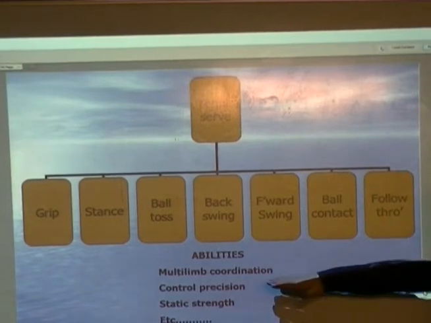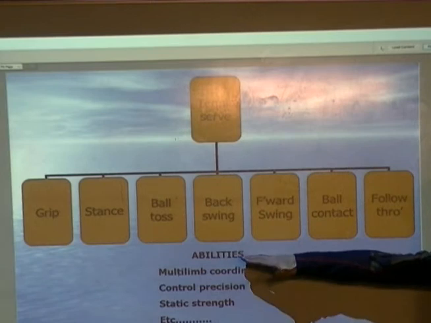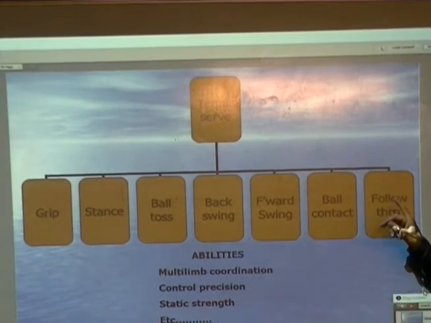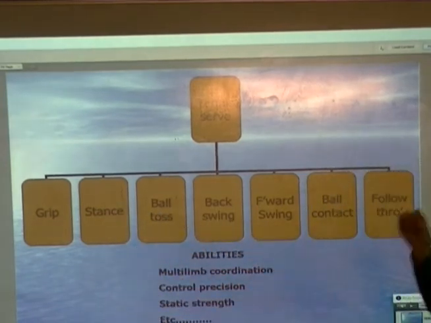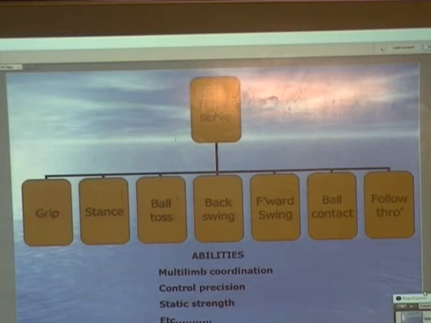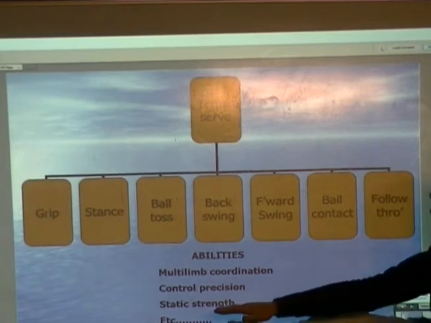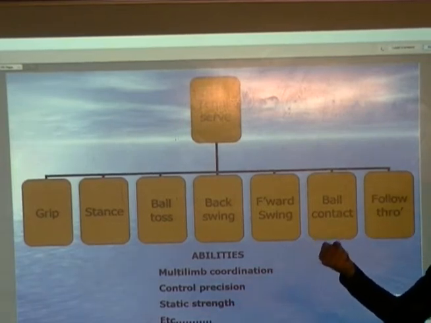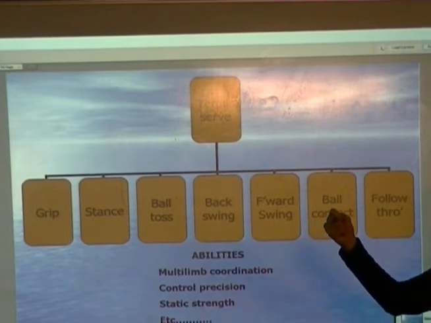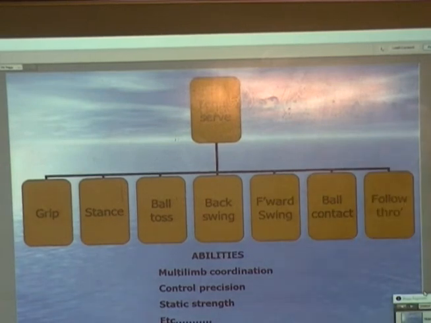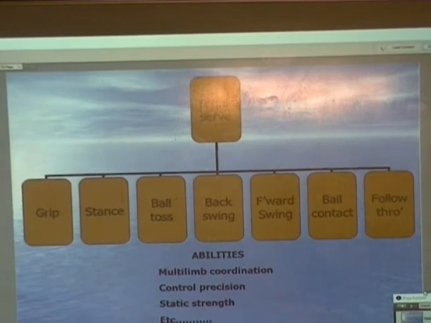So then I can start to think about, well, what are the motor abilities that would help me with these parts of the skill that I've identified. Grip would be static strength, because I've got to hold that racket solid the whole time. But the swing and the strike would be dynamic strength, because I've got to be able to move and not keep my arm still.